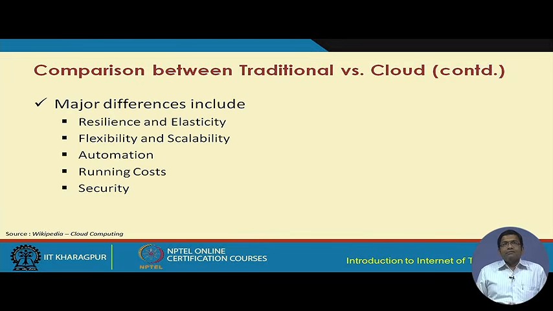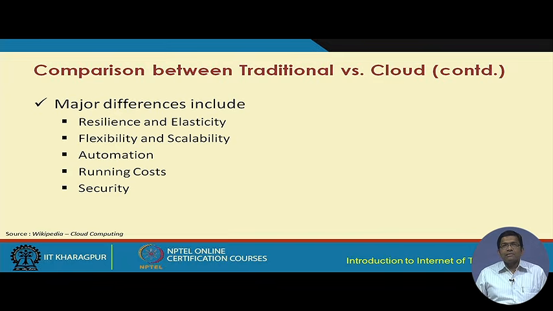There are other differences as well, which we have already understood from different perspectives in the previous two lectures on cloud computing. One is the difference in resiliency and elasticity. Cloud platforms are available in an elastic, resilient manner.